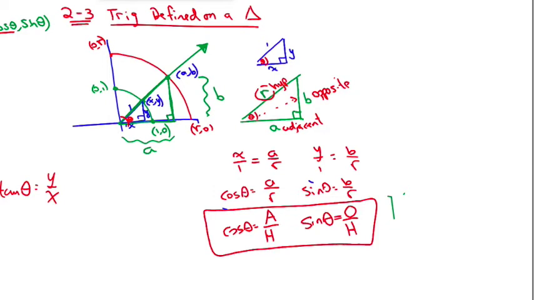So tangent of theta is equal to opposite over adjacent. The sine and cosine generally are the more important of the two functions. Tangent's really good for finding direction. Way of thinking of direction. Now, you have to memorize this.